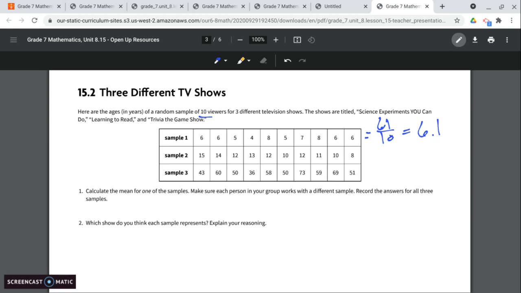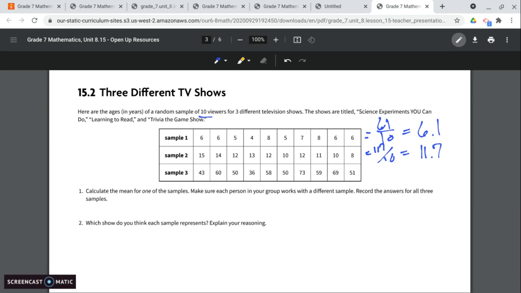Now sample 2, 15 plus 14 plus 12 plus 13 plus 12 plus 10 plus 12 plus 11 plus 10 plus 8 is going to be 117 divided by 10, which gives us 11.7.